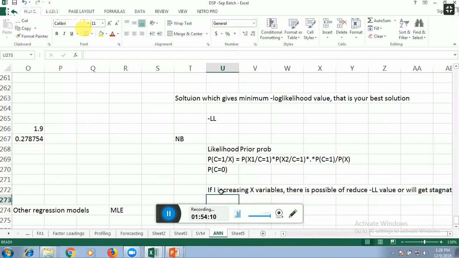That means by increasing the number of x variables, there is a possibility of reducing the log likelihood, which means you will get more accuracy.